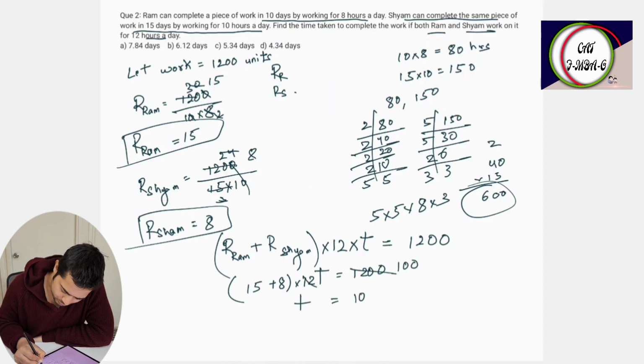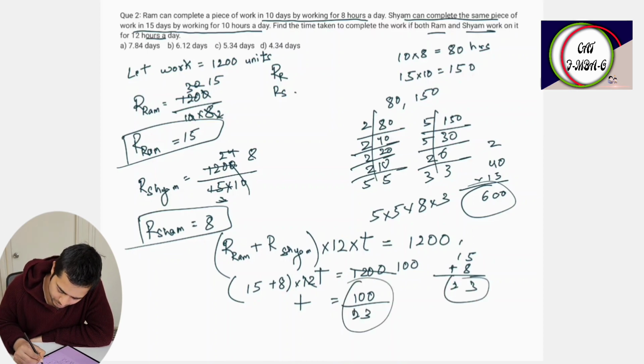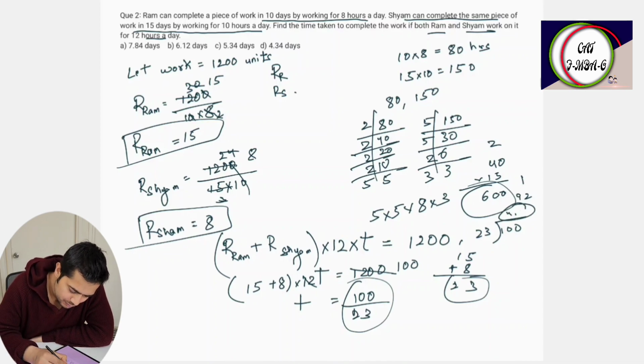So T is equal to 1200 by 12 into 15 plus 8, that is 100 by 23. If you calculate this, it will be coming to 4 point something. So 4.3 days is the right answer.